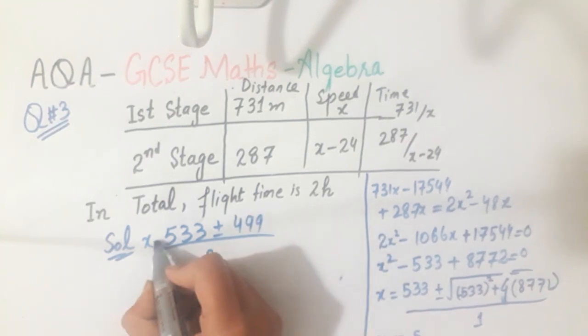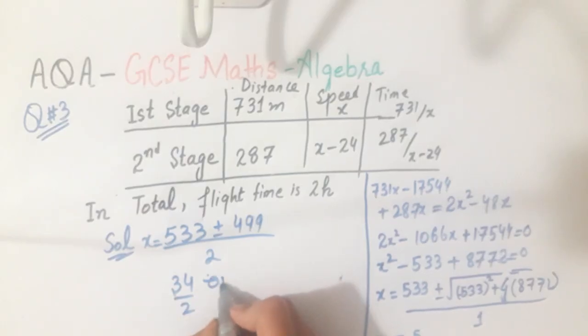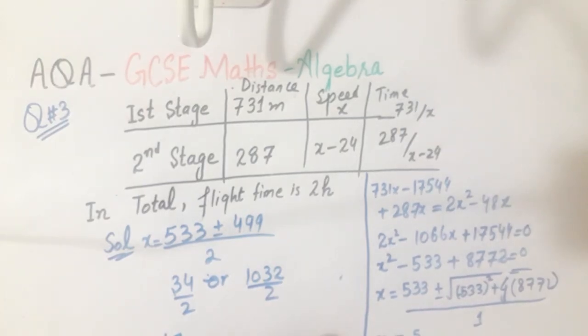With the help of a calculator we have found this value. So this will become 34 divided by 2, or the other one will be 1032 divided by 2. That means the first one will equal 17, or when we solve the other it will become 516. So this is the answer.